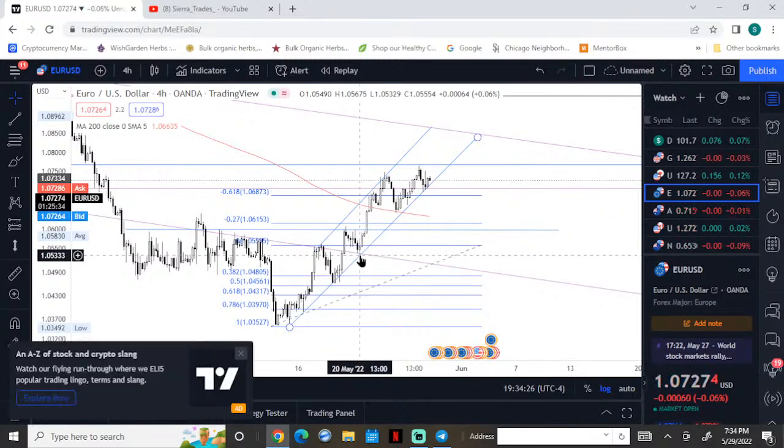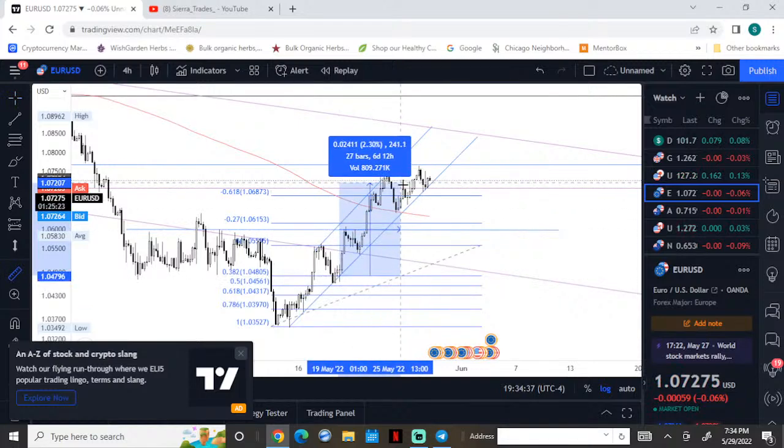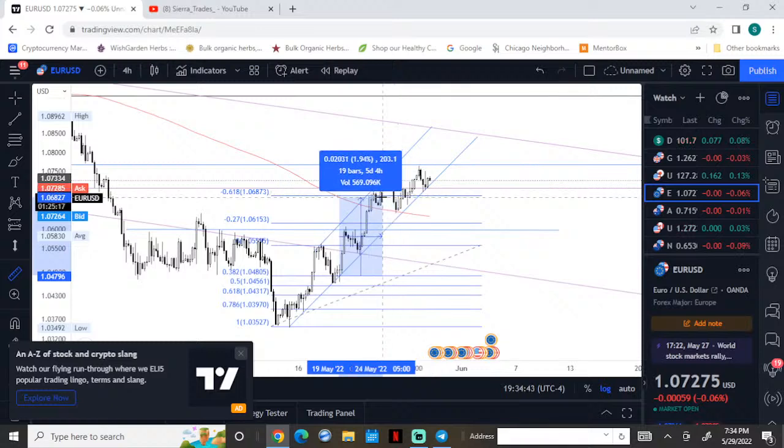Broke this trend line, retested, gave TP2, then TP3. Like that was the best trade. These fib trades, 200 pips in 5 days. When the market moves like this, it's nice. It's nice. 4 days, really.